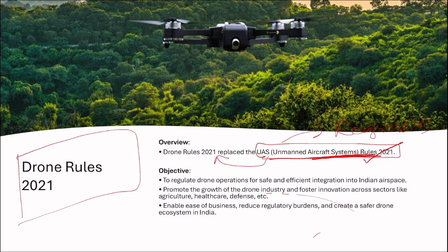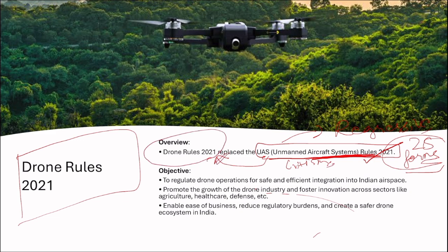In order to get your license, 25 forms had to be filled, and it was a regressive process. You had a huge number of rules, as well as penalties if you did something wrong. So it faced serious criticism. So within 2 months, we got the Drone Rules 2021.